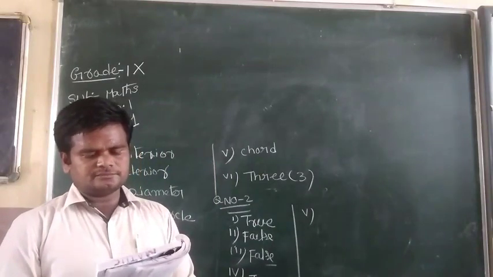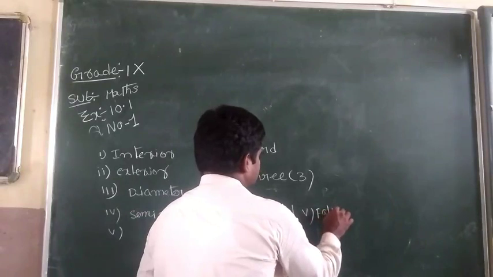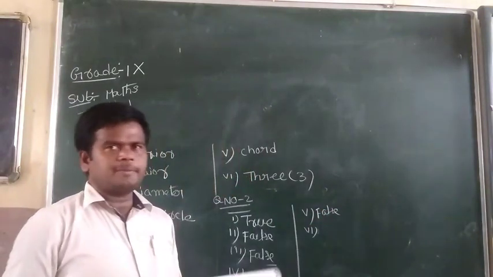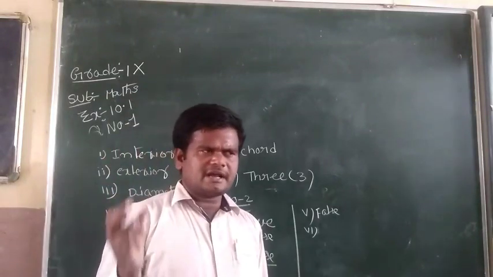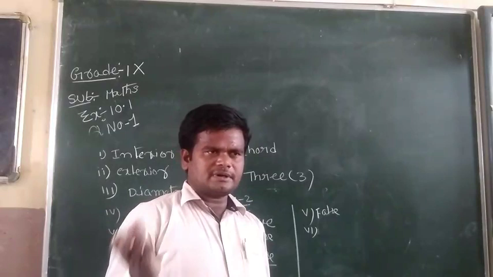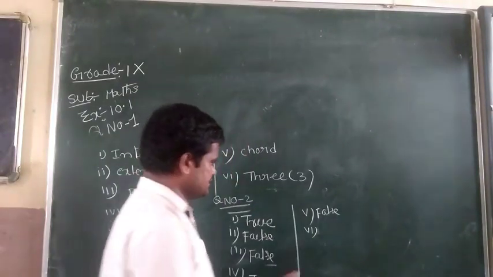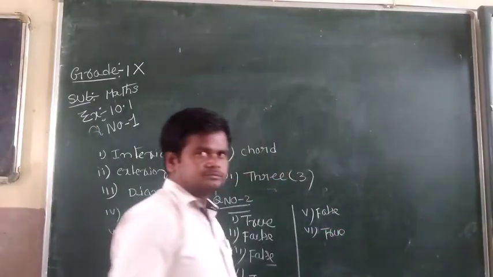That also is false. Come to the sixth one: a circle is a plane figure. Circle, triangle and rectangle, all are plane figures. This is also true.